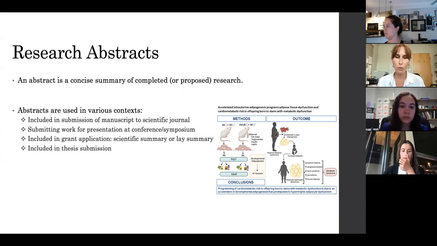Another reason why you would write an abstract is if you are submitting your work for consideration for presentation at a scientific conference or a symposium. Of course, this is the objective for the abstract that you are writing or will write now.